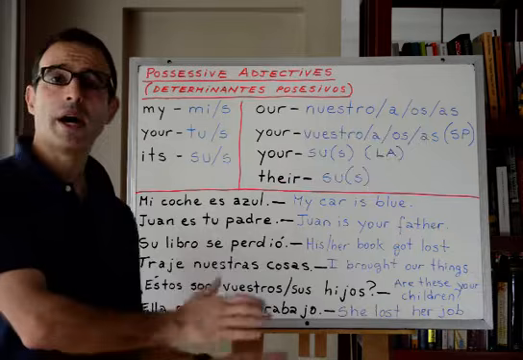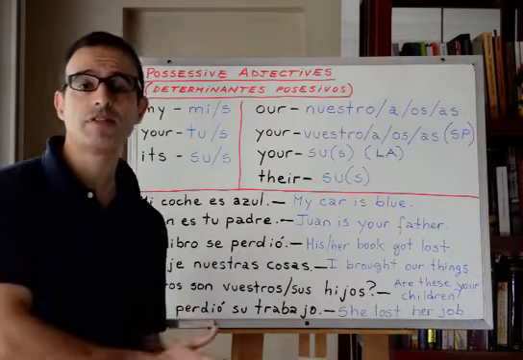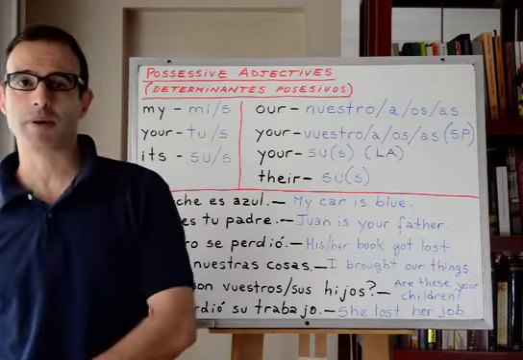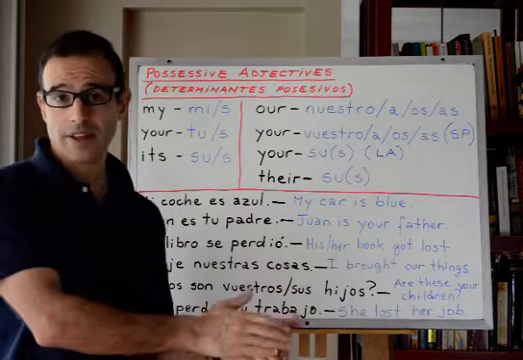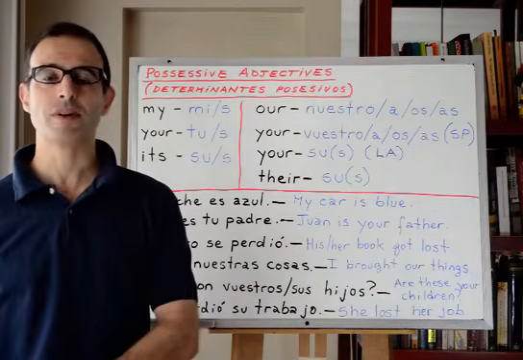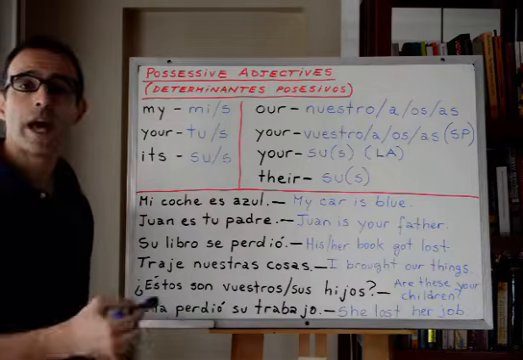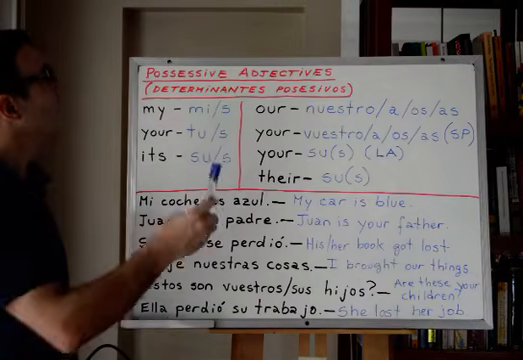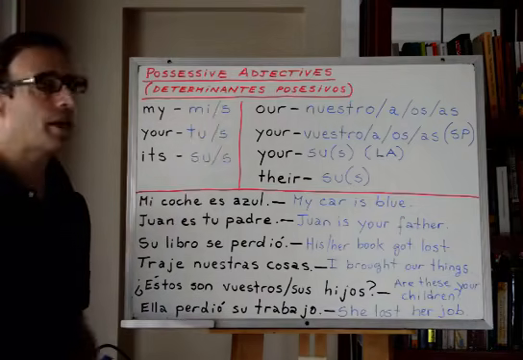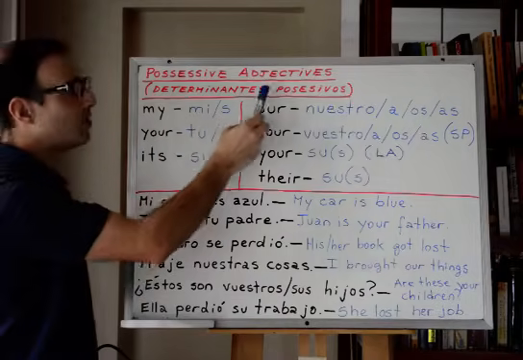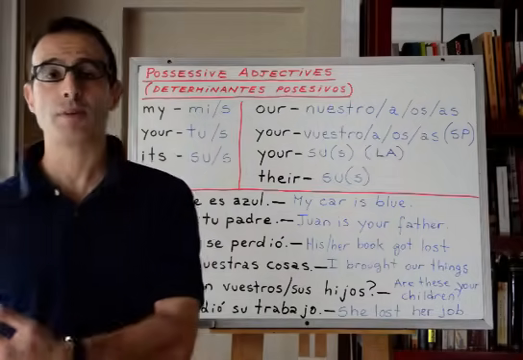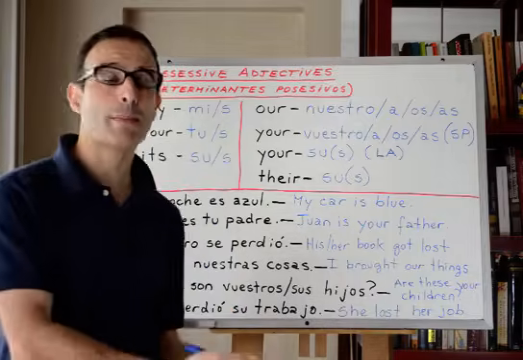So my is the adjective, mine is the pronoun. Your is the adjective, yours is the pronoun. The same difference we have in Spanish, only that the possessive adjectives in Spanish are called determinantes posesivos, while the possessive pronouns are called pronombres posesivos.